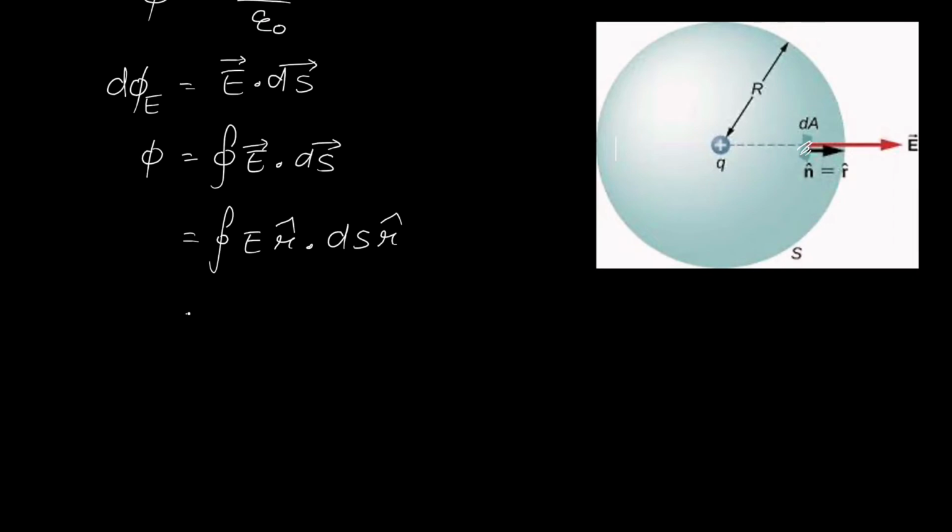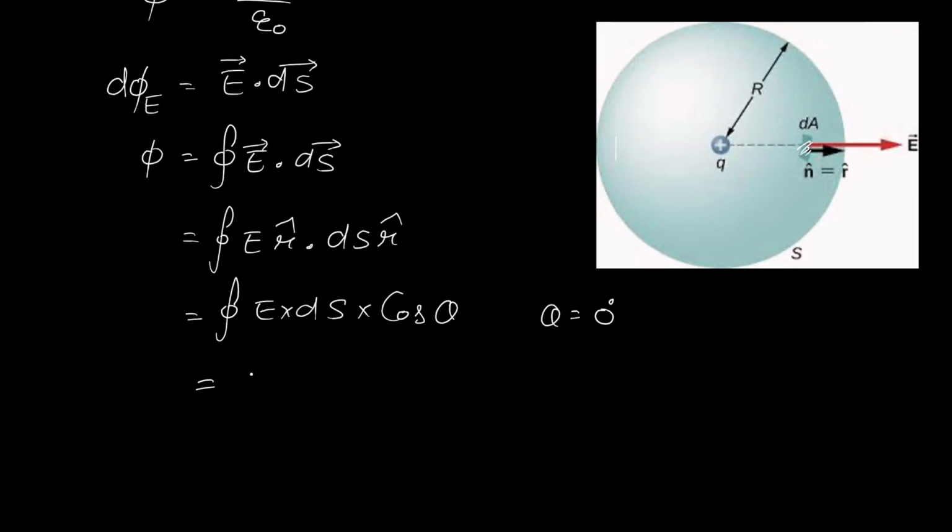And then you can take E out, since E is constant on the Gaussian surface, and what remains is the total surface area of the sphere. You can also write, instead of E r cap, E into cos theta, where cos theta is 0 degree here.